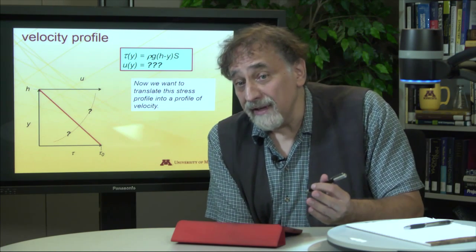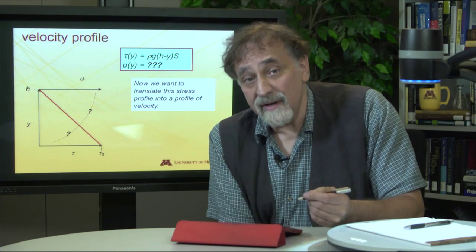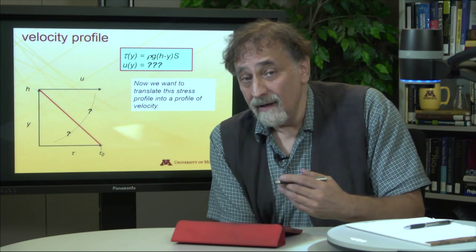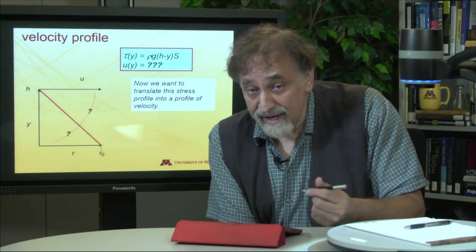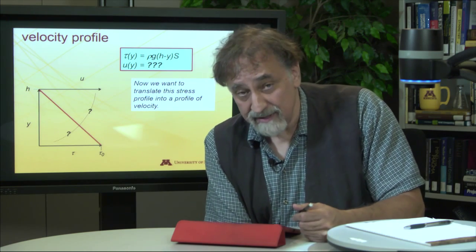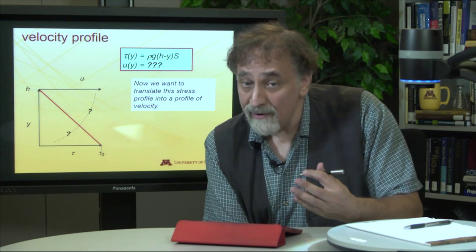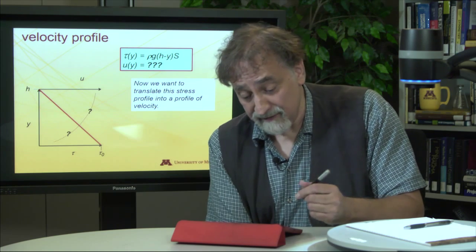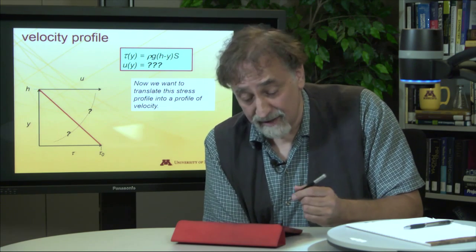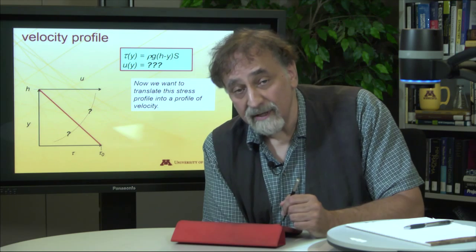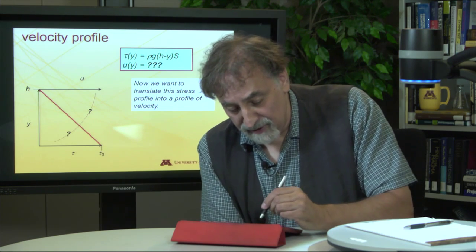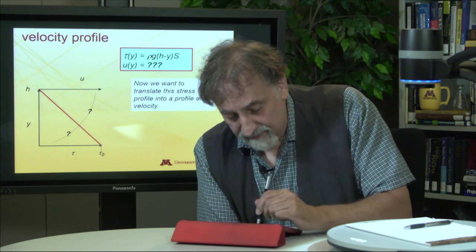To actually convert that to velocity, though, we have to specify the relation between velocity gradient and shear stress, and to do that we have to specify a particular rheology. So now we are moving into a specific type of fluid, and of course, as I said at the beginning, that fluid is going to be a laminar flow of Newtonian material. So, off to the races.